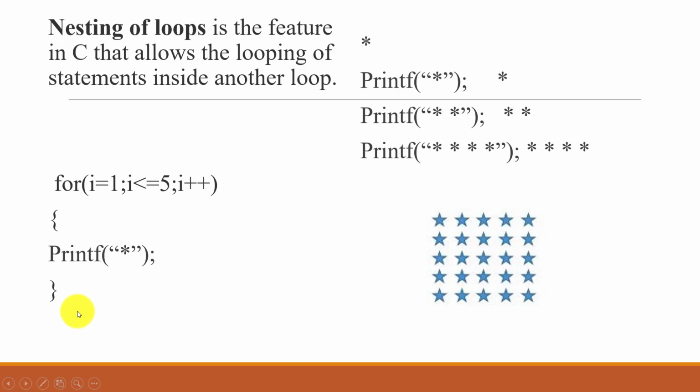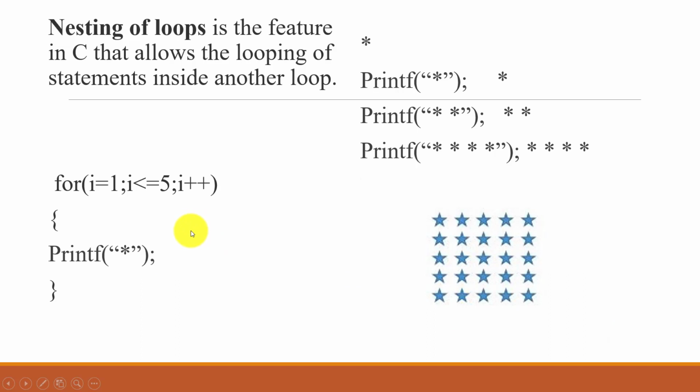So I'm going to write printf backslash n for a new line, and write the same code in another for loop for printing at a new line, and that becomes a nested loop. As we want 5 times and we want to print it on five different lines, we want to repeat this code into another loop.